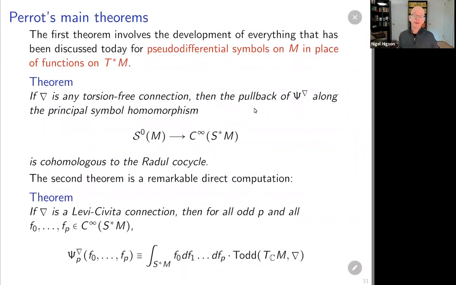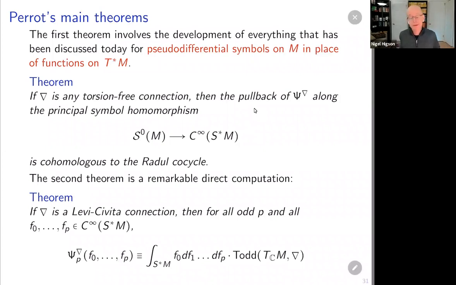All right, and concerning this second cocycle, here's what Perrot proved. The first thing is that if you pull this back from functions to order 0 symbols along the principal symbol map, then you get one of the two cocycles that I was mentioning at the very beginning. And so you get a cocycle which is cohomologous to the radial cocycle. So that connects this cocycle to analytic index theory because the radial cocycle gives you the analytic index.